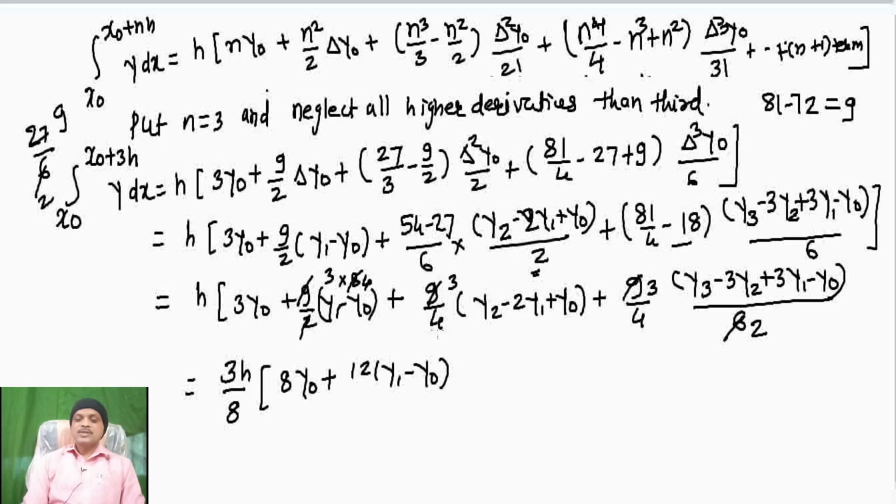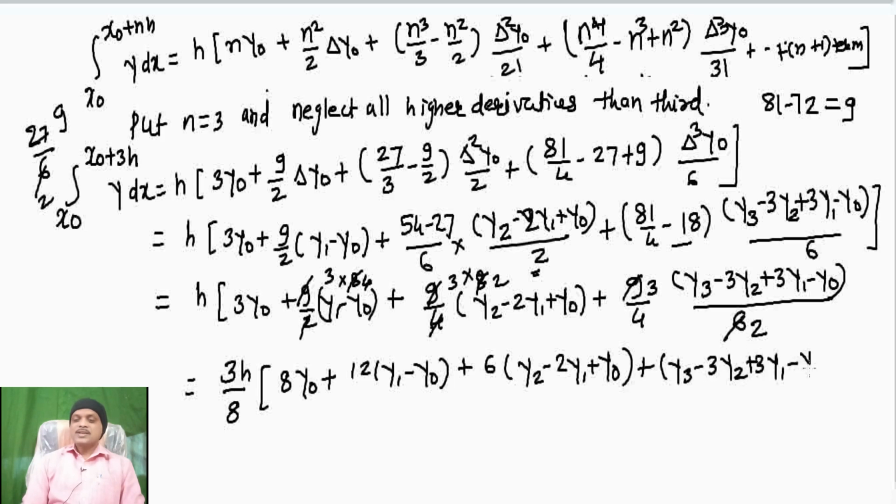Three taken common, so 3 remains, and we have multiplied by 8, so 4 2s are 8, there 6, we have 6 now here, (y2 minus 2y1 plus y0) plus, now 3 by 8 taken common, (y3 minus 3y2 plus 3y1 minus y0) equals 3h divided by 8 into how many y0s?